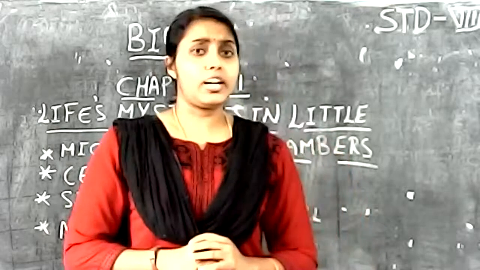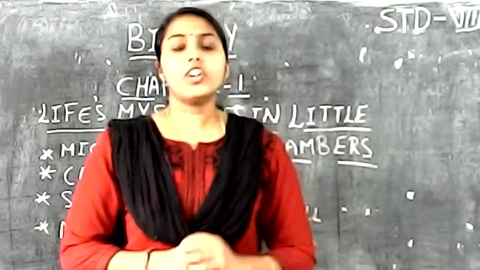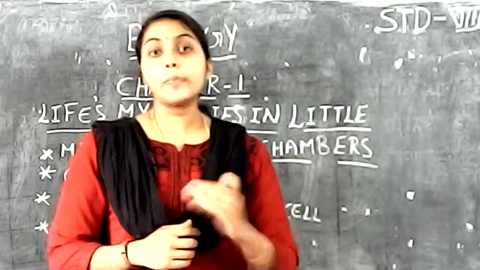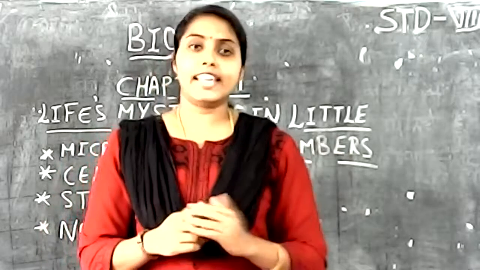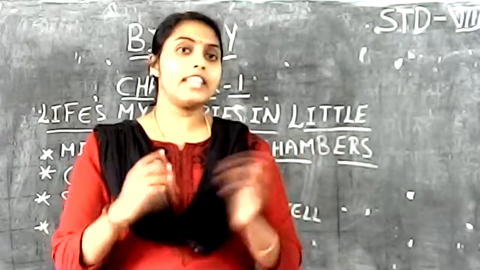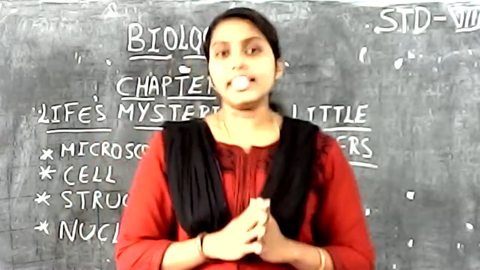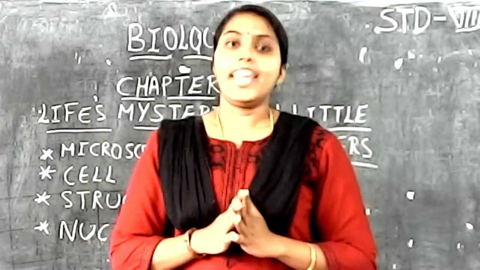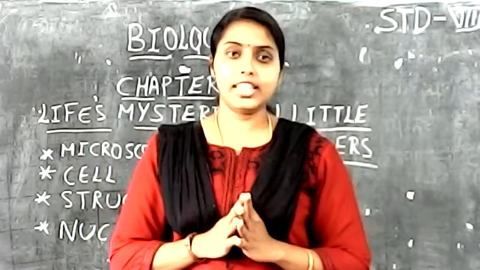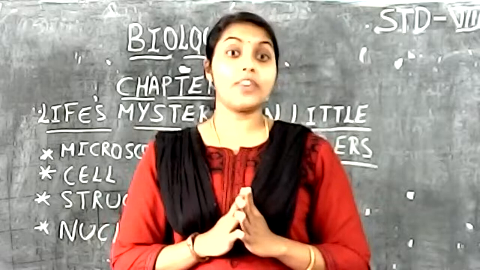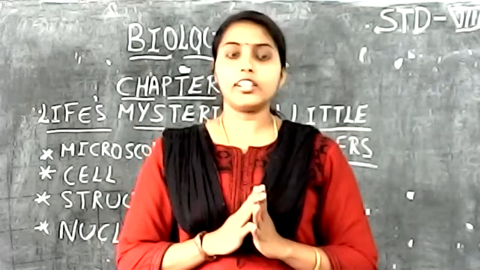Then we studied Rudolf Virchow. Rudolf Virchow observed dividing cells and came to the conclusion that new cells arise from already existing cells. All these things we have covered in our last classes.